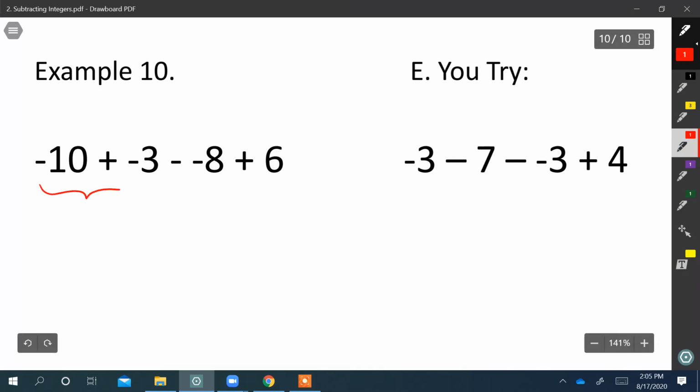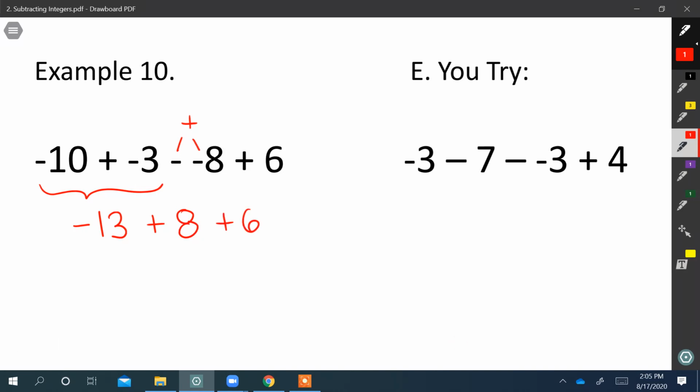This one here, negative 10 plus negative 3. Well, I have two negatives, so I'm going to add negative 10 and negative 3 to get negative 13. This and this, I already know when I have two negatives like that, that must turn into a positive. So I'm actually going to write it as a positive 8 plus 6. So negative 13 plus 8, I have more negatives than positives.